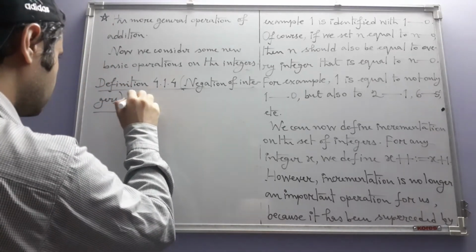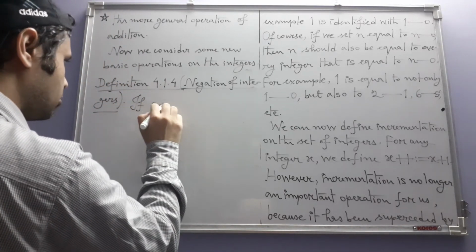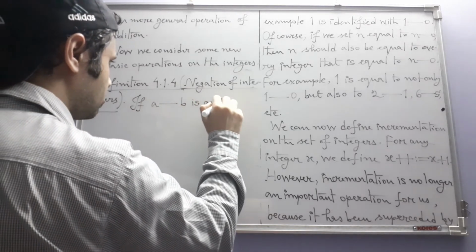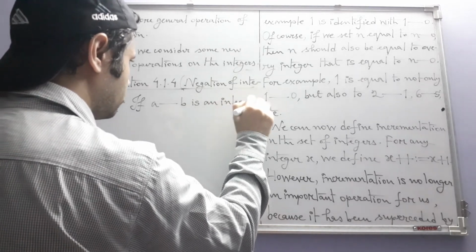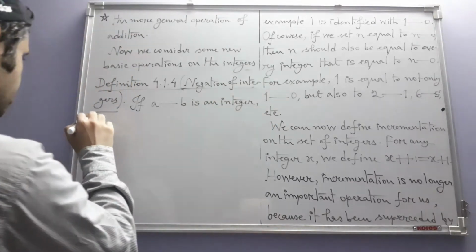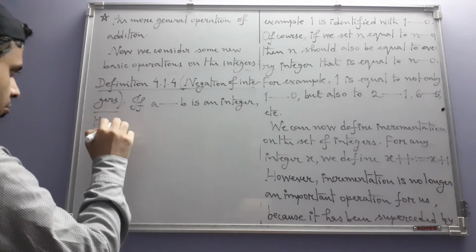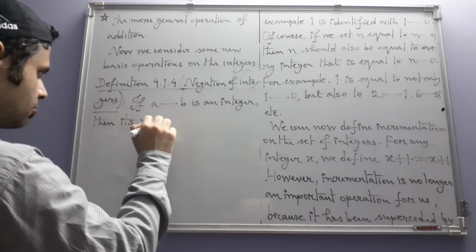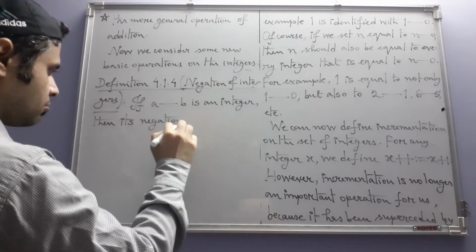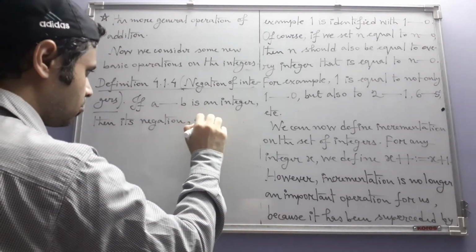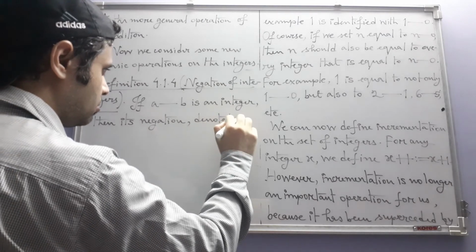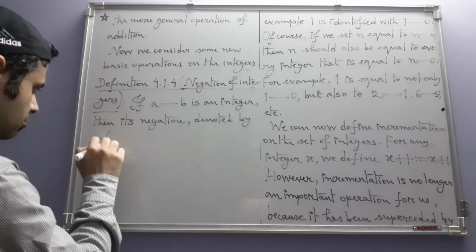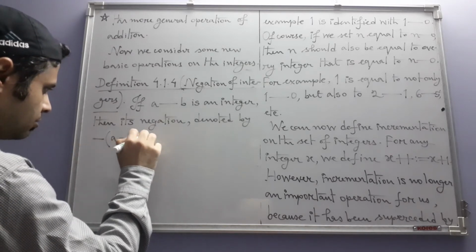If a—b is an integer, then its negation, denoted by minus a—b.